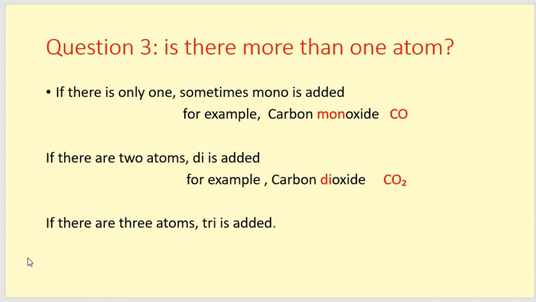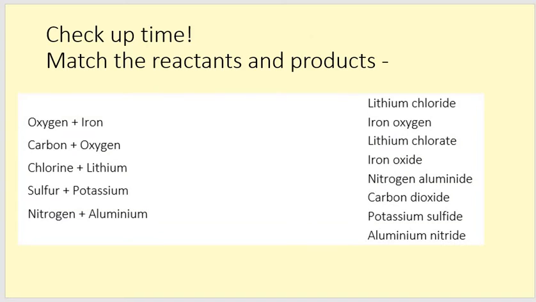So far, so good. Easy peasy, lemon squeezy, I hear you saying. That's good, year 8, because that's exactly what I want you to be saying. Now, check-up time. On the left, we have got five sets of two elements that take part in a reaction. On the right, we've got eight possible compounds made from them. Mean, miss. There are more compounds than there are reactants.